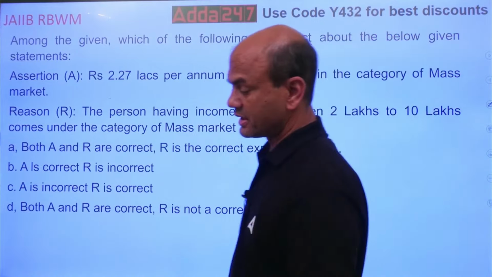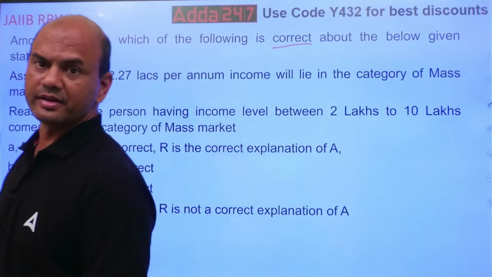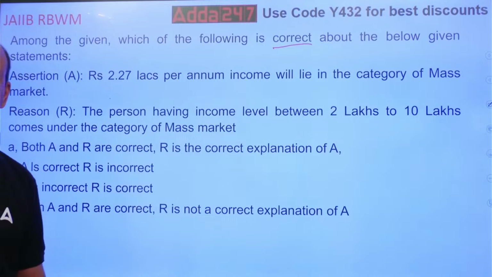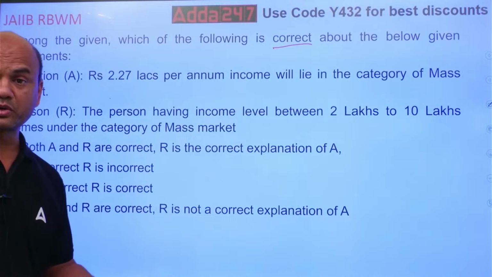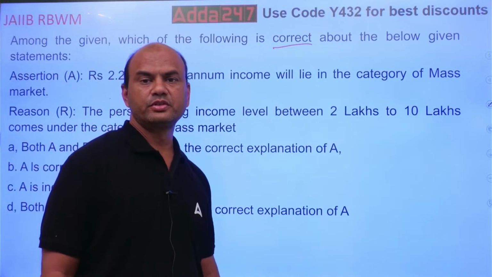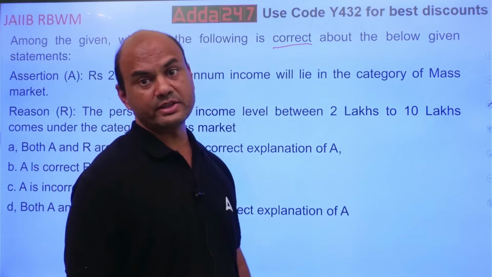Think over it, everyone. Try the answer. Yes, 2.27 lakhs. Somebody has 2.27 lakhs as an income. So that person will lie in which segment?